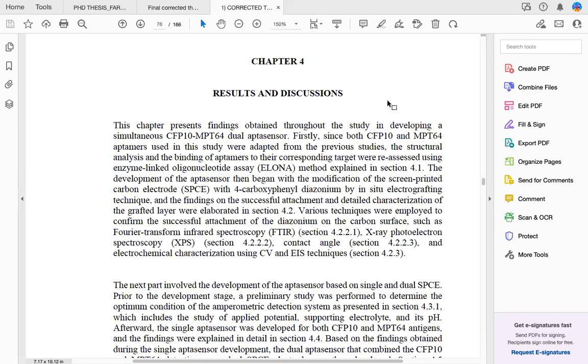you can see that chapter 4 starts with an overview. Meaning that, if you look at chapter 3 just now, there is a flow chart giving an idea of the methodology throughout.